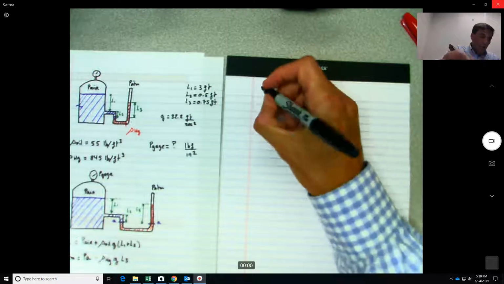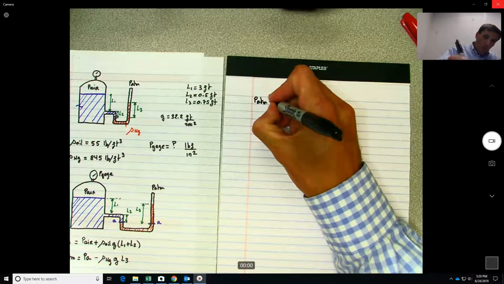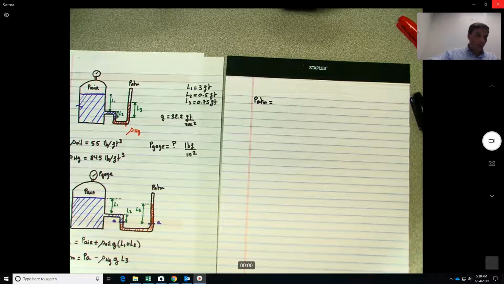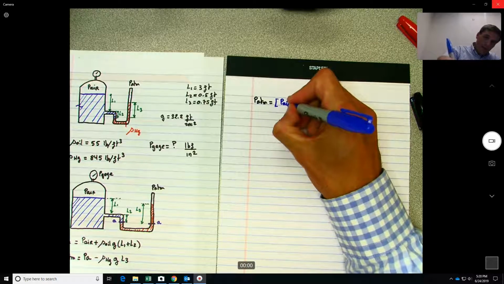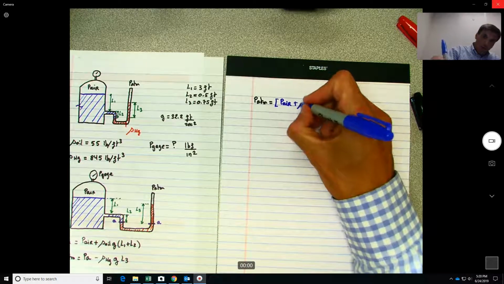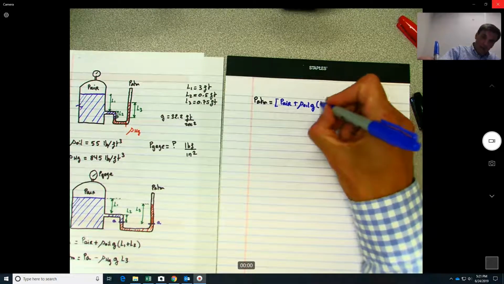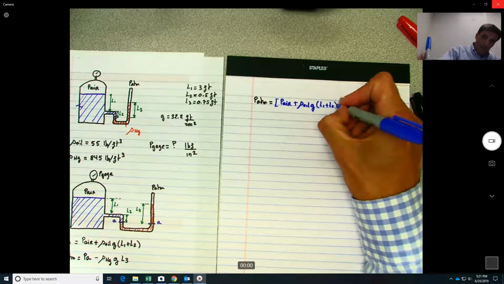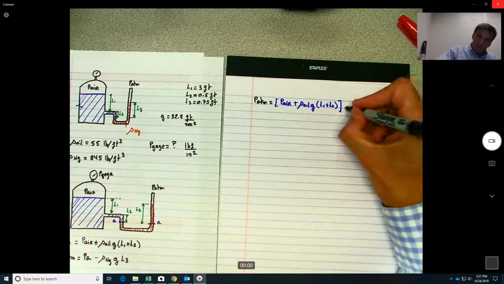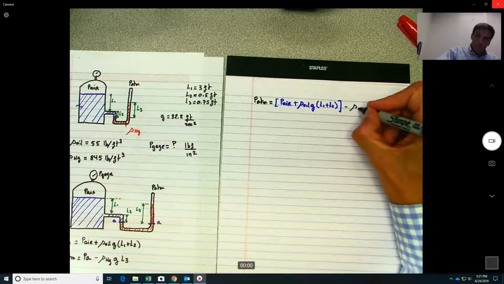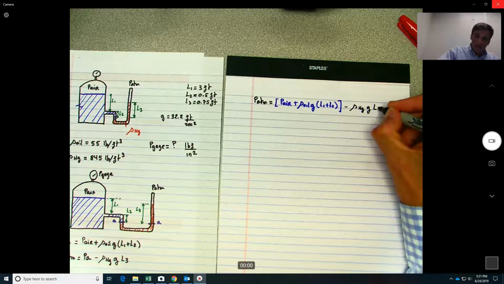So over here, P atmosphere will be equal to PA, which is equal to P air plus rho oil G (L1 plus L2) minus rho mercury G L3.